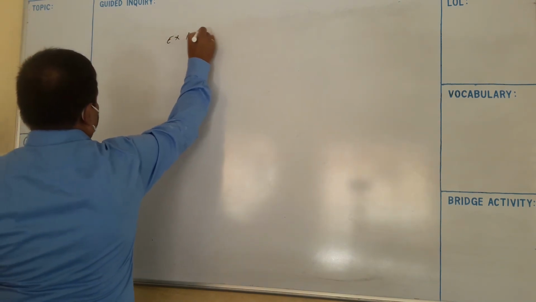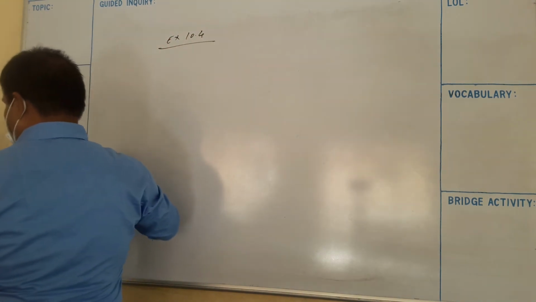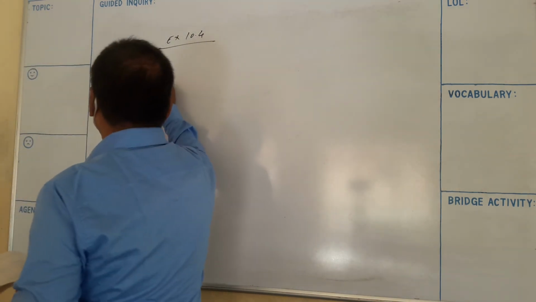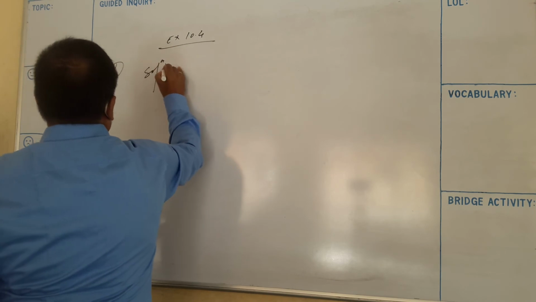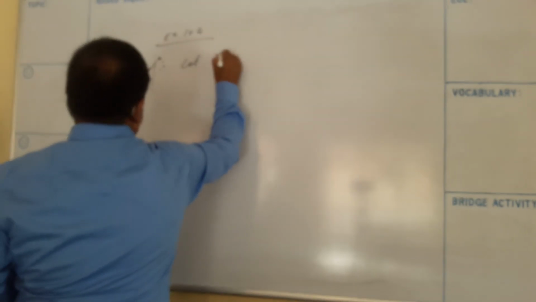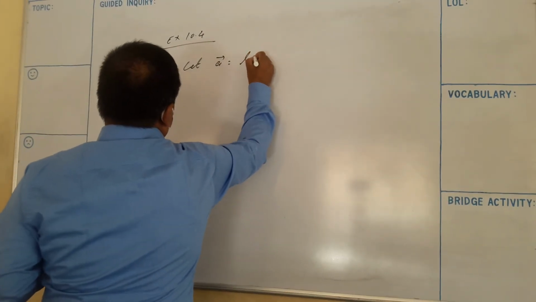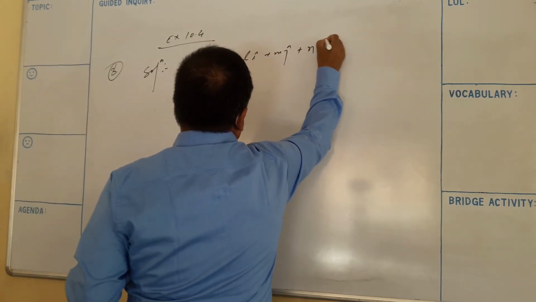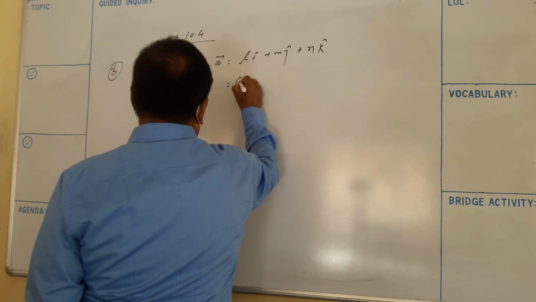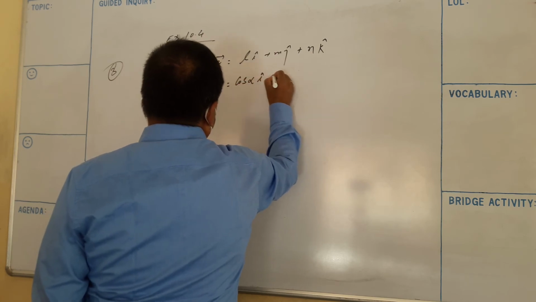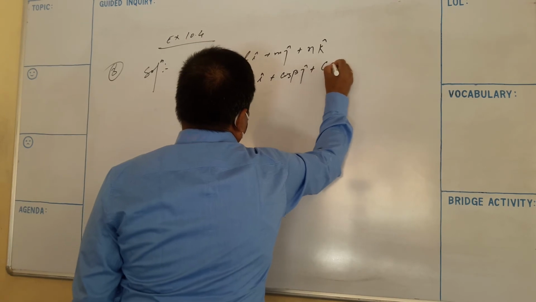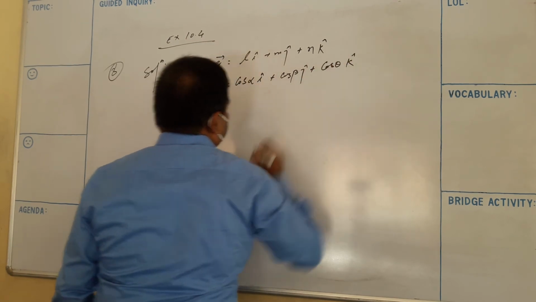Exercise 10.4. Question I am not writing. Okay? Number 3. Let vector A is equal to li plus mj plus nk. l is equal to cos alpha, m is cos beta and n is cos gamma.